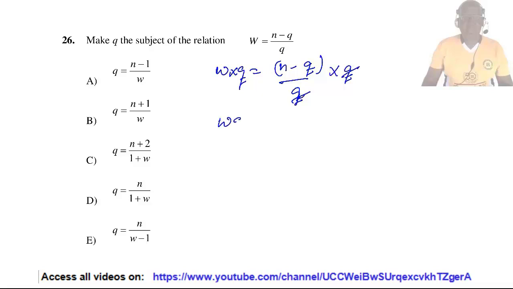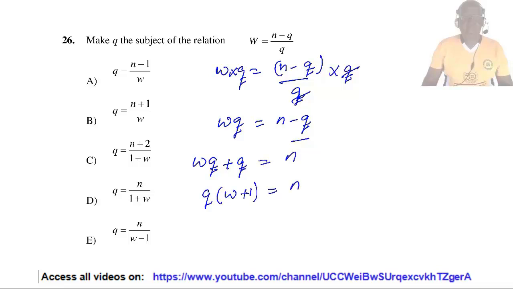So WQ equals N minus Q. We shall take expressions containing Q to the left-hand side, so WQ plus Q equals N. Now let us factorize: Q outside, W plus 1, equals N. Now we shall divide by W plus 1.